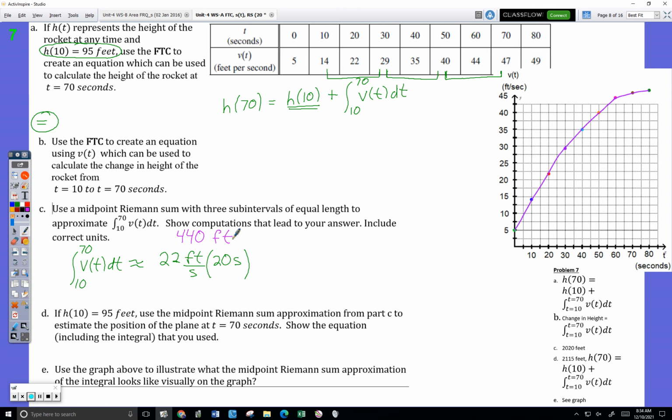What does the 440 feet represent? It represents the displacement from 10 seconds to 30 seconds in this case. Does that make sense? Yeah. Good. Point for Carson. Another way of saying it is the height of the rocket. The rocket was this high as it's flying upward. This is time 10. And then, 20 seconds later, it's climbed 440 more feet.